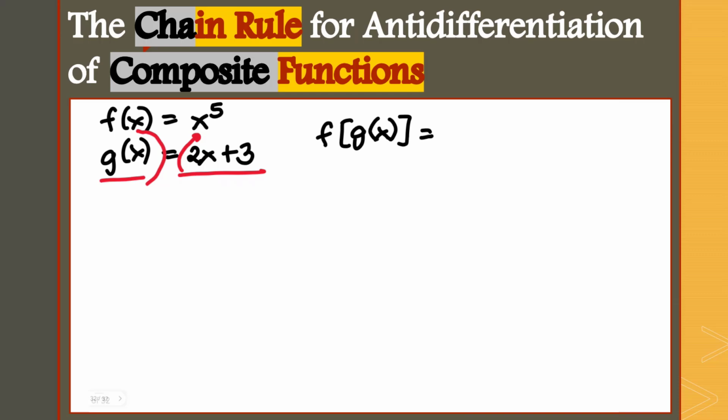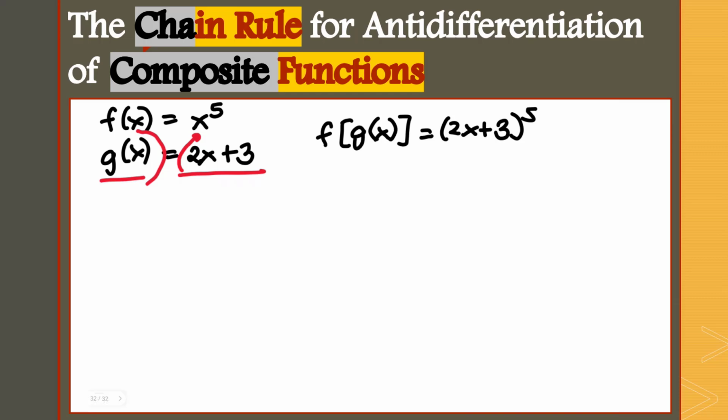So instead of x to the power of 5, the x becomes the g of x, which is 2x plus 3. So that's actually 2x plus 3 to the power of 5. And yes, this is an example of a composite function.